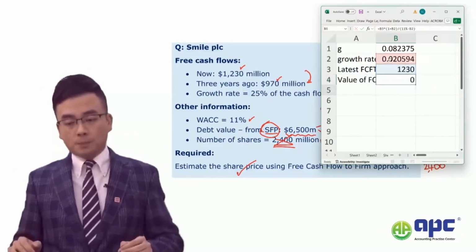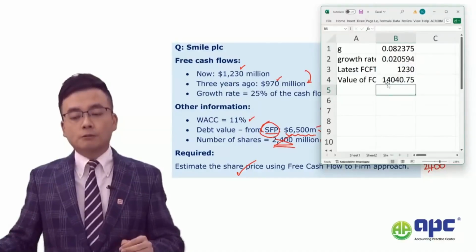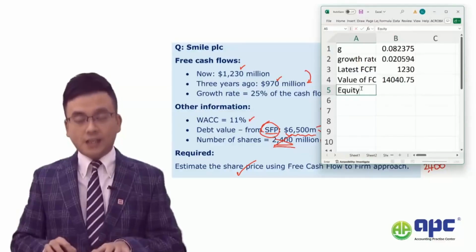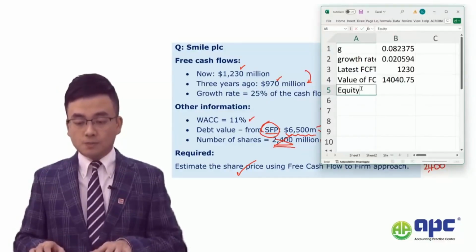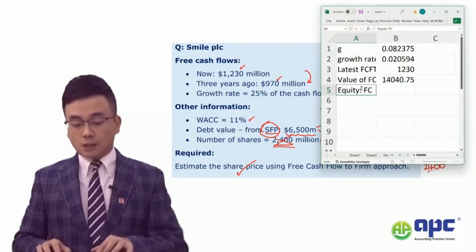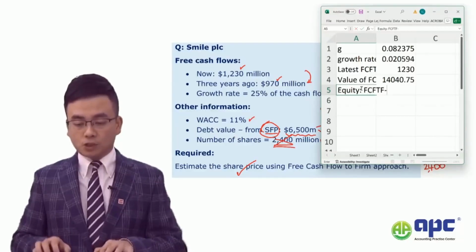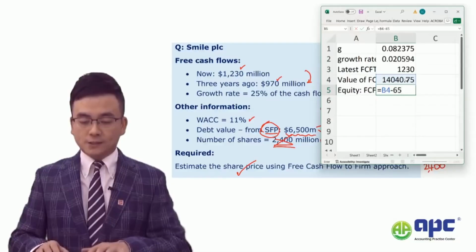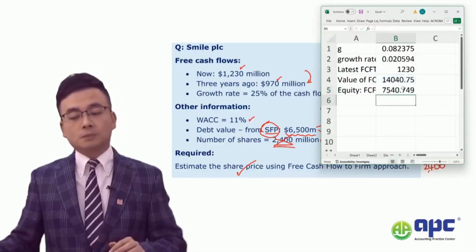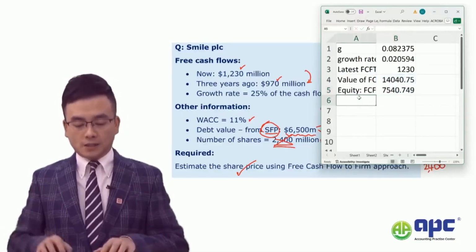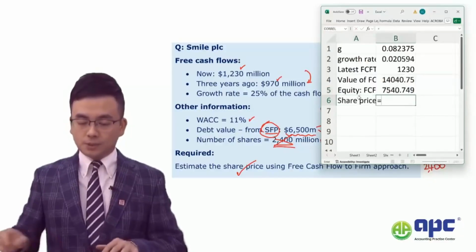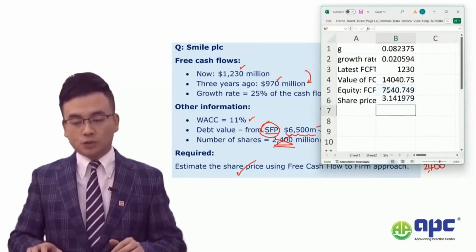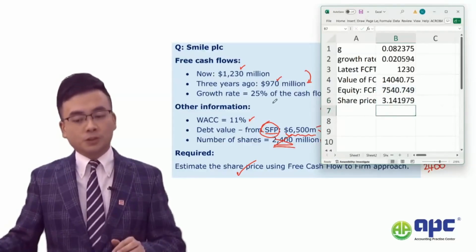If you apply that, that would be 140.40.75. So the value of equity equals the free cash flow to firm subtracting the debt element. We take this subtracting 6,500 and that becomes 75.40. Therefore the share price is simply the equity value over the number of shares, 2,400, being 3.40.